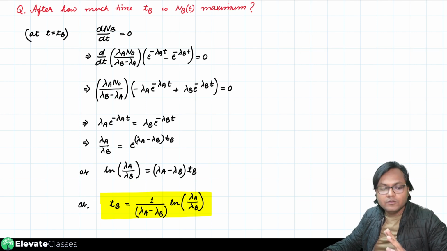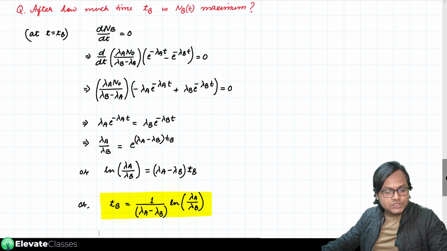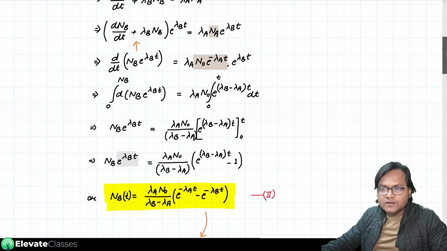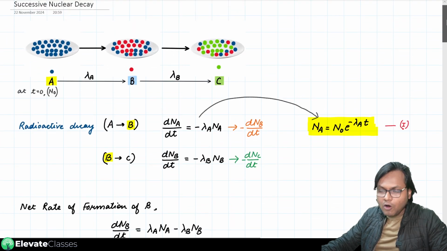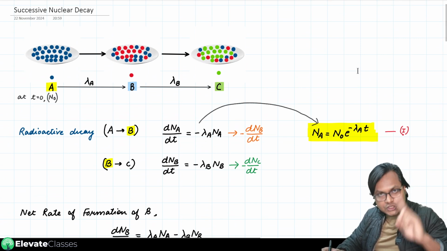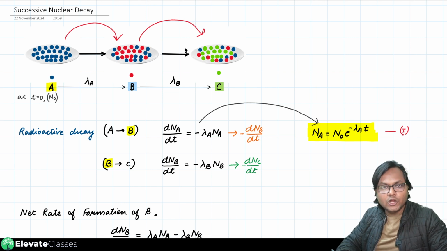Now, before I wrap up this video, I also wanted to mention two more things. If you're studying this particular topic, it might be helpful. One is what is called secular equilibrium, and the other is what is called transient equilibrium. So remember when I mentioned that the rate at which the intermediate daughter nuclei is changing is a result of two things: the formation of the intermediate radioactive nuclei, as well as the decay of the intermediate radioactive nuclei.